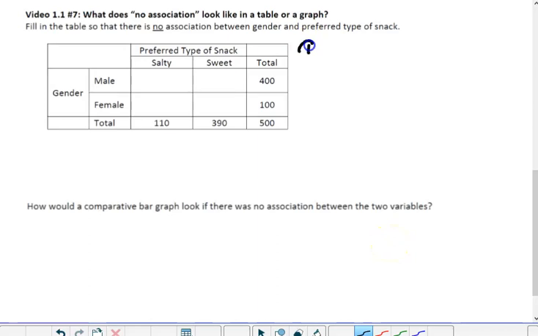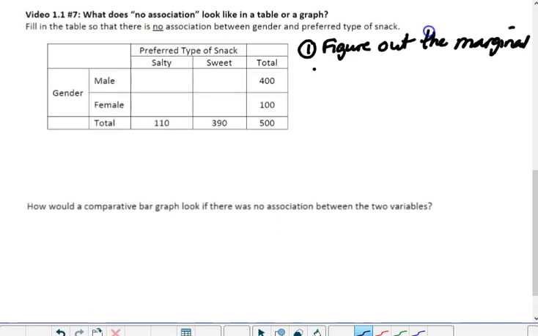So number one, I'm going to figure out the marginal distribution for type of snack, salty and sweet.